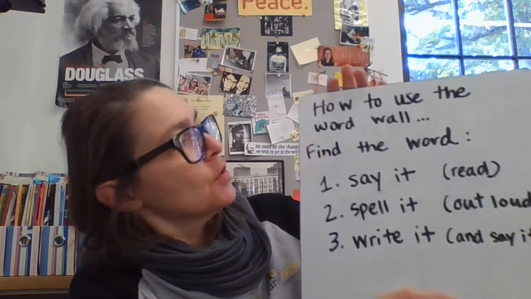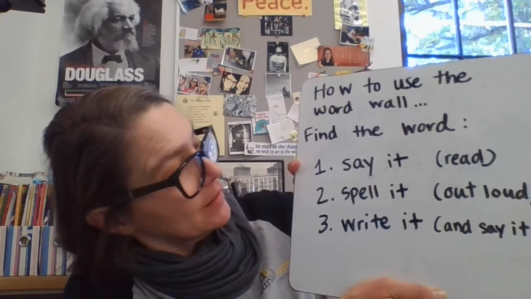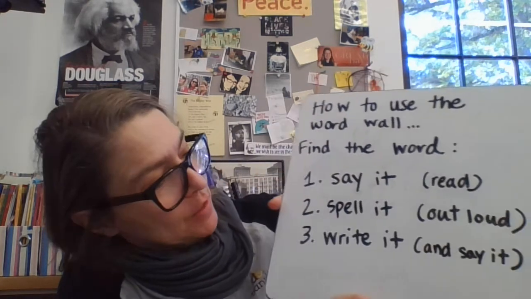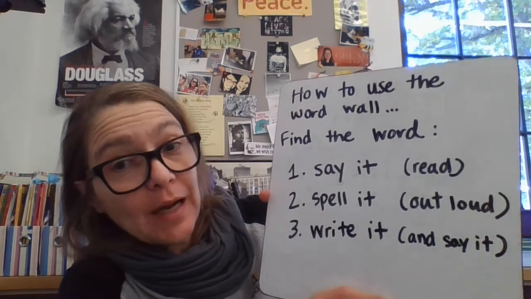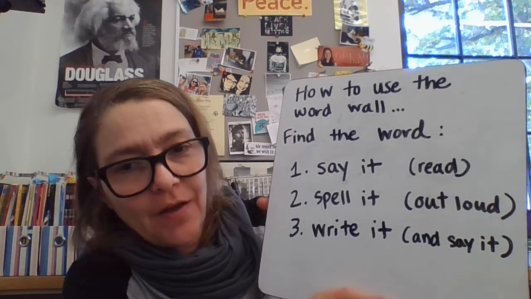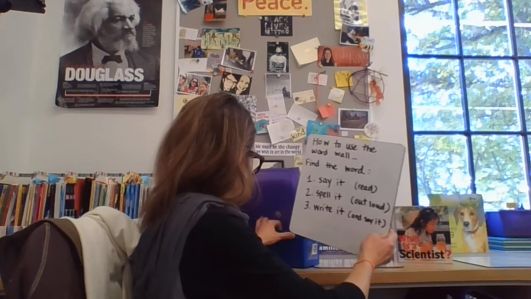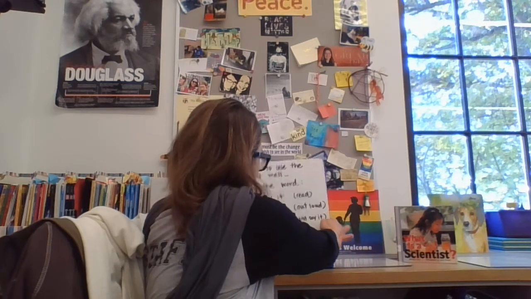Right, so when we use a portable word wall, there are three things you need to remember. You need to say the word, which means read it. You need to spell the word out loud, and then you need to write it and say it again, spelling all the letters in the word. Okay, these are the three things you need to remember when you are working with your portable word wall.